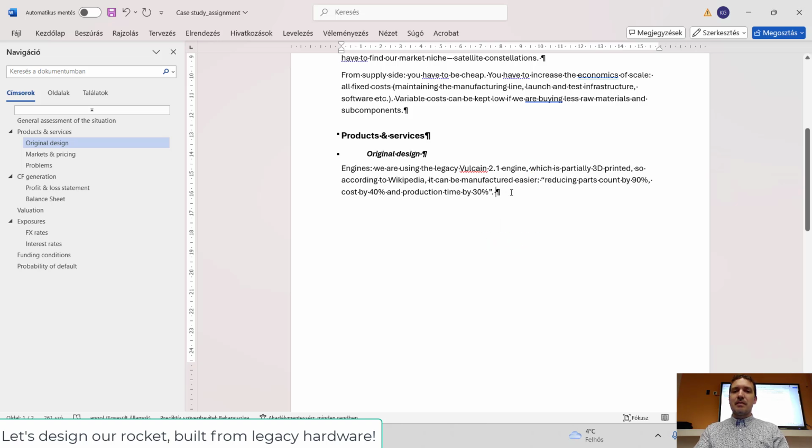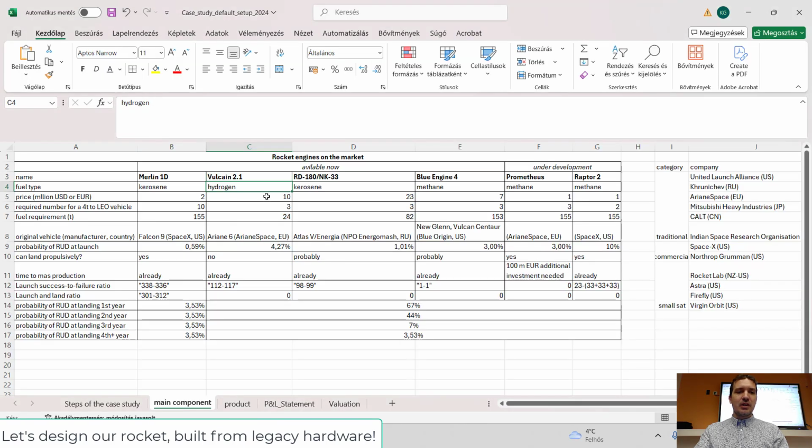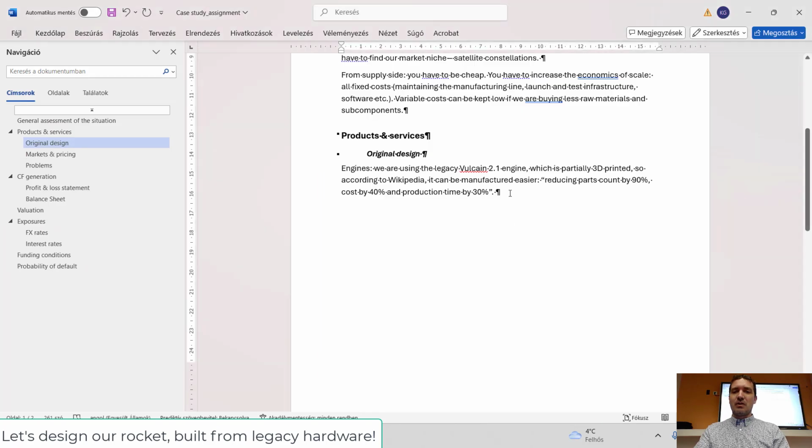And okay, we are using this Vulcain engine. It uses hydrogen, which is terrible. That's why its launch cadence can be worse, because of it leaking away. This uses hydrogen, which is a problem with materials. Okay, let's put the positive things first.